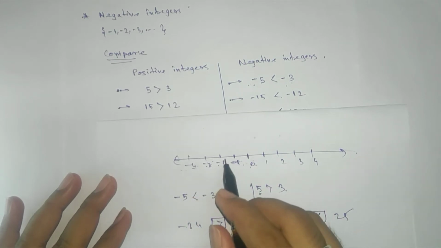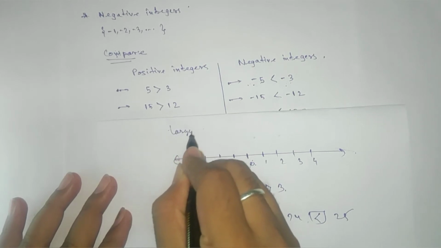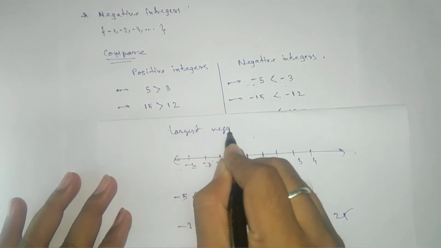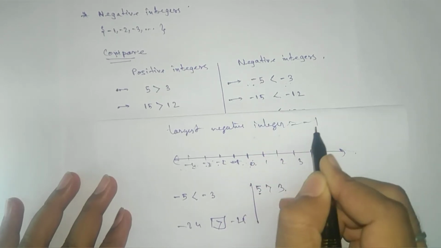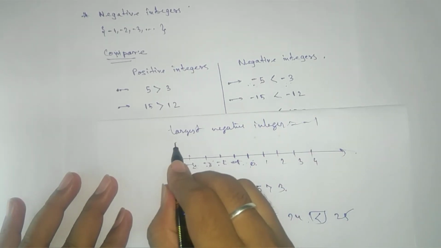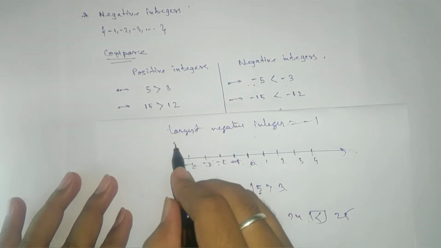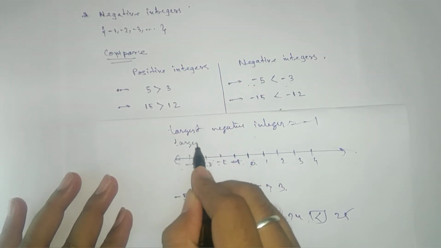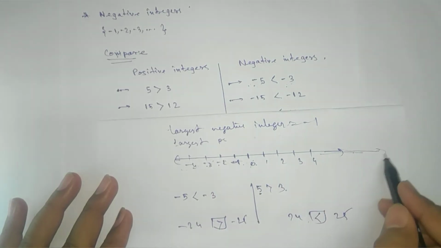So if anyone asks you the largest negative integer, your answer is -1. The smallest whole number is 0. The smallest natural number is 1. If anyone asks you the largest positive integer, we cannot define it. See here, positive integers never end, they will continue.